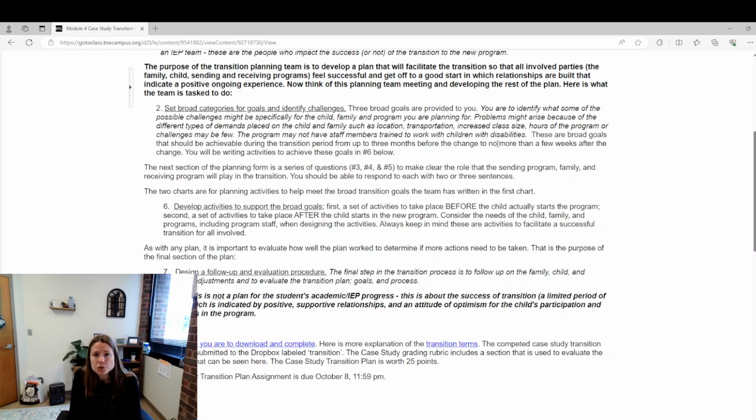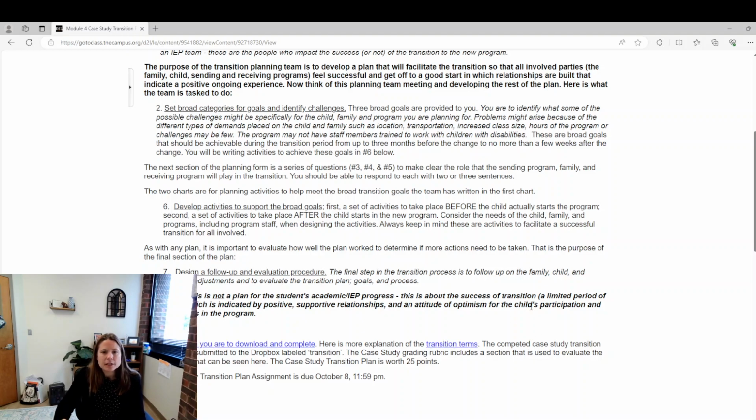Right, so remember, when you're looking at these goals, they're usually from the very start up to 3 months, no more than a few weeks after that. And you're going to be writing activities to show how these goals are measured and they're achieved.